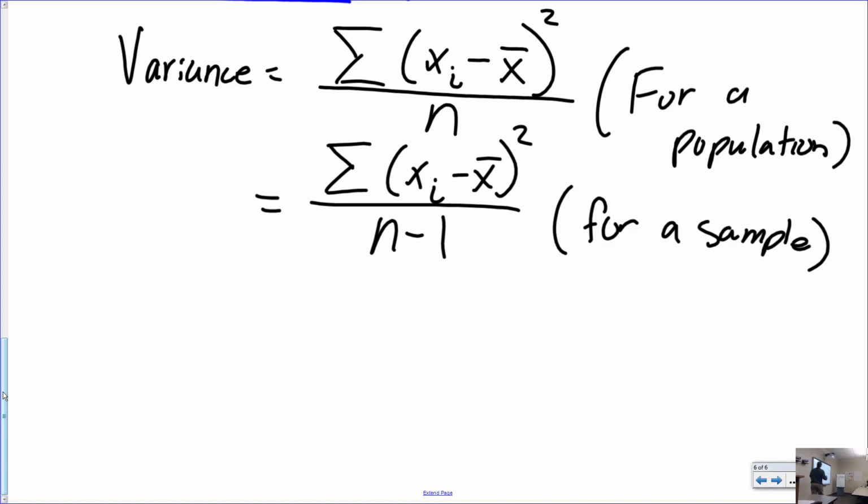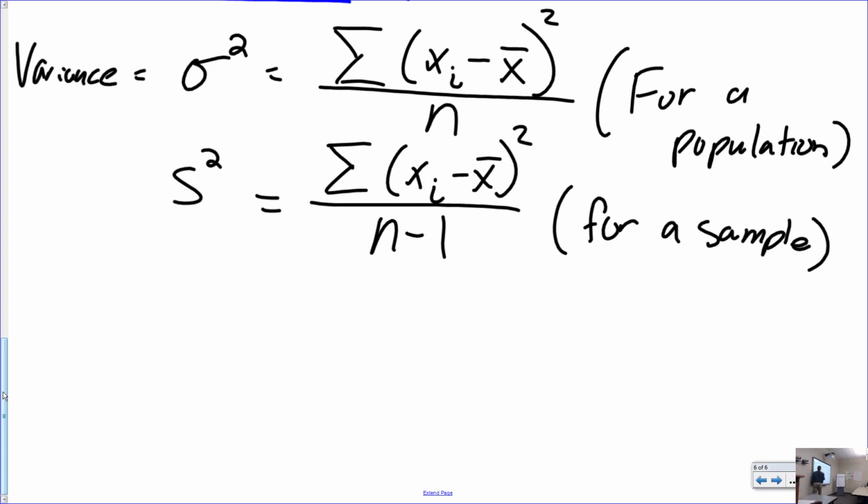All right, now, a little extra piece of information to go with it. One of the things that you have to get used to when you're dealing with statistics is when do you use Greek versus when do you not use Greek. Okay? When you are working on a population level parameter, you will use Greek.